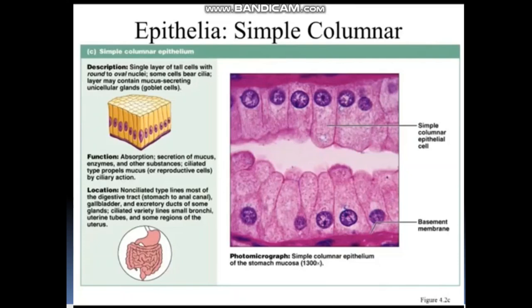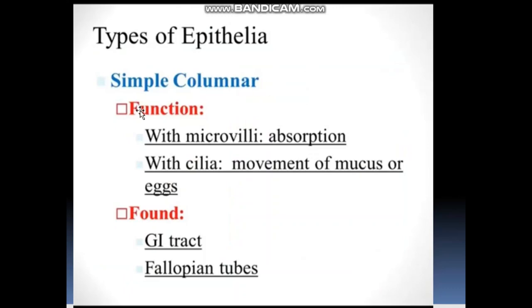Now let's look here, simple columnar with microvilli will perform absorption. If it carries cilia, it will move mucus or eggs, depending on the location. And here we also can see where it is found.